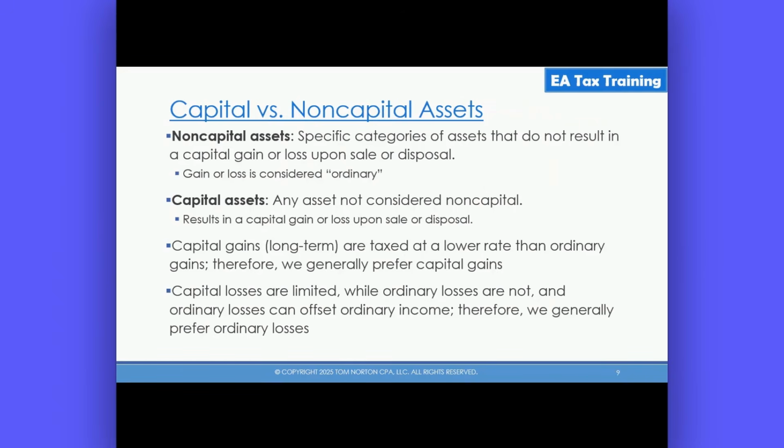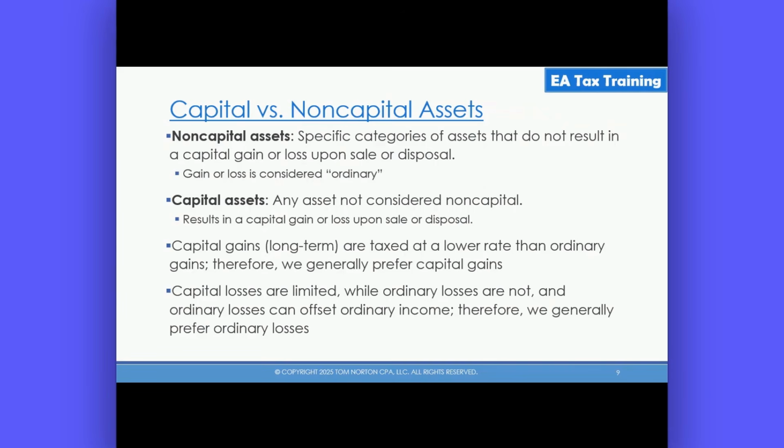Then we've got capital versus non-capital assets. Of course, this video is about capital gains, so we need to understand what we're talking about. So non-capital assets, these are specific categories of assets that when those assets are sold, they do not result in a capital gain or loss.